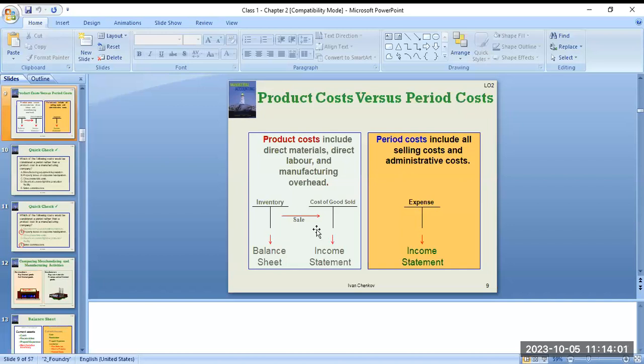Selling and administrative expense, marketing, advertising, those are direct costs, so they are directly expensed. They're called period cost. So product cost again goes to the balance sheet first as an inventory. After the inventory is sold, it goes to the income statement as cost of goods sold, whereas the period cost is directly expensed.